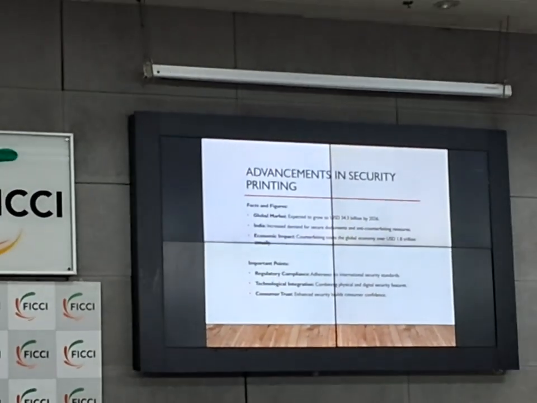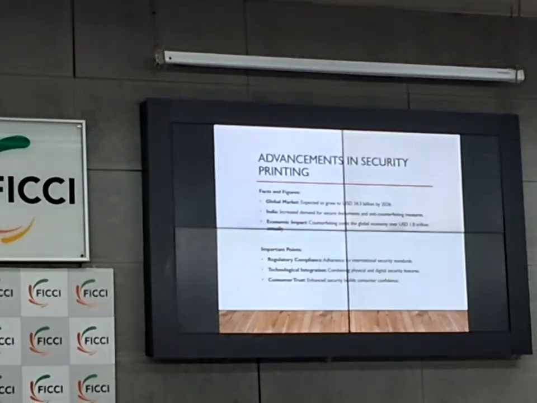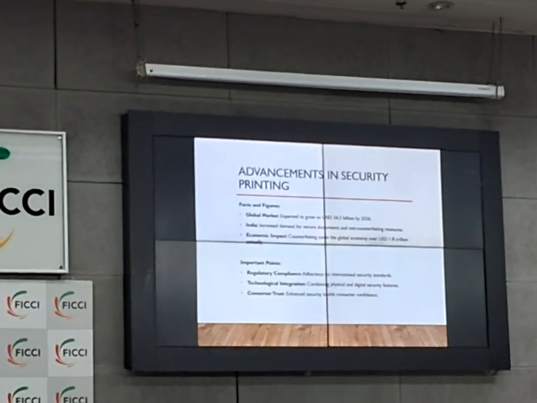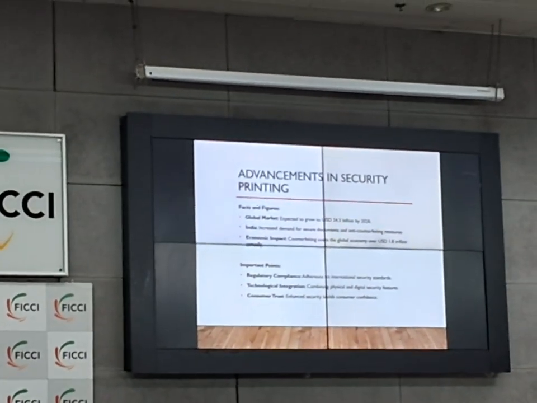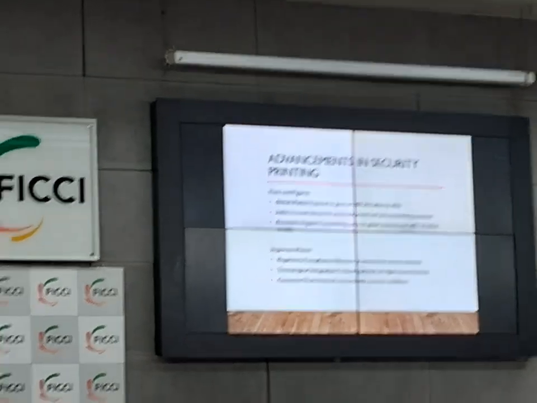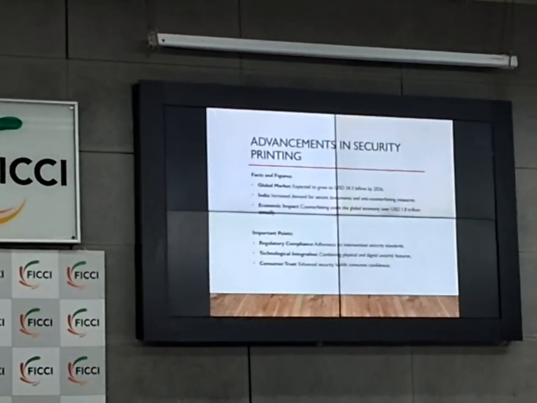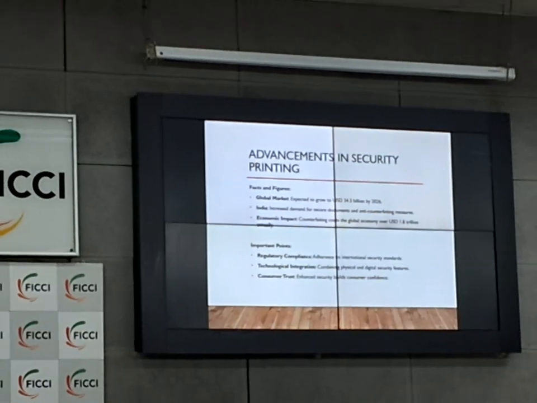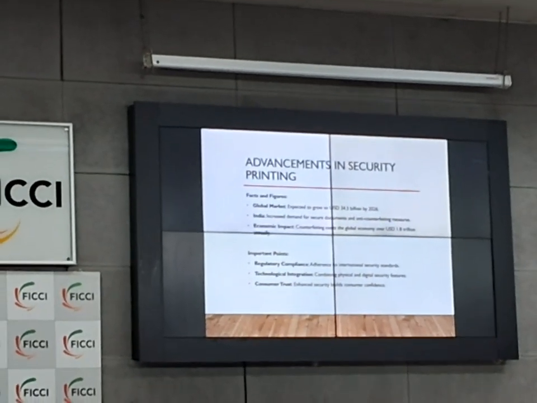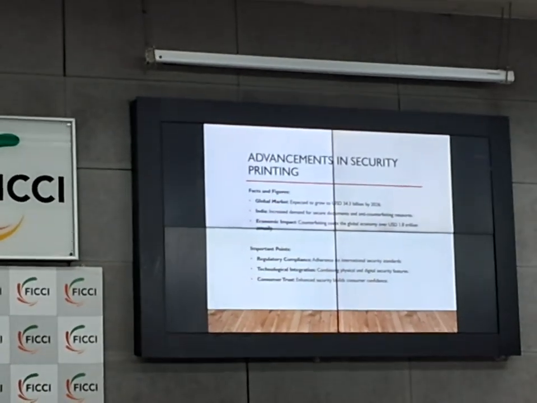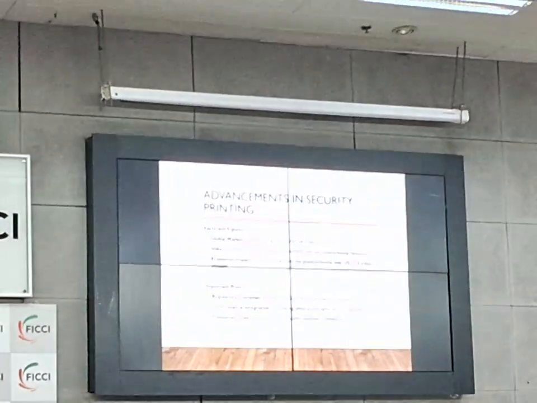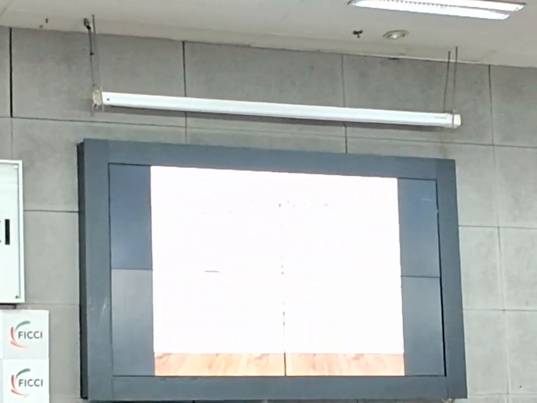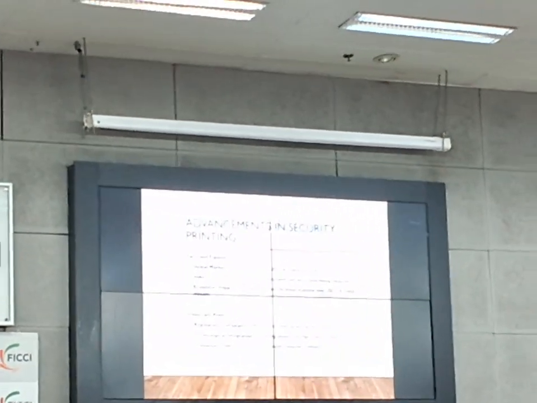Some of the advancements in security printing are regulatory compliance, technological integration, and consumer trust, because all these security features give the customer trust, enhance the security, and build consumer confidence. Next.